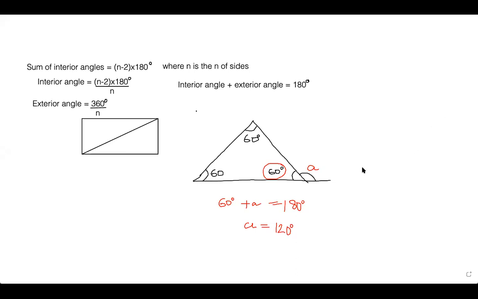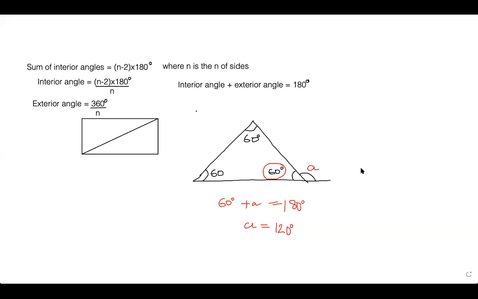Teacher, I have a question about the exterior angle. How do you get the sum of exterior angles? I guess it's easier to find interior angles because they are enclosed within a shape.